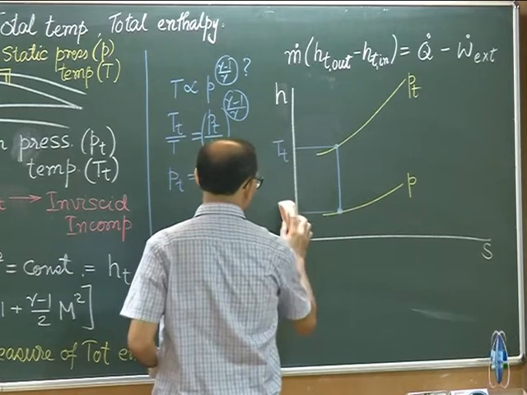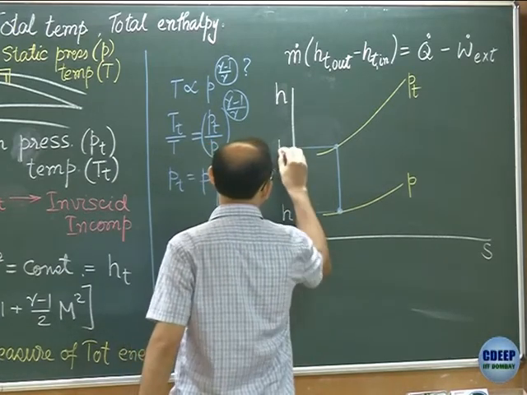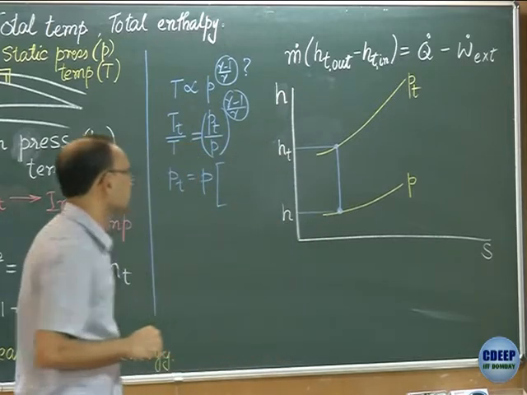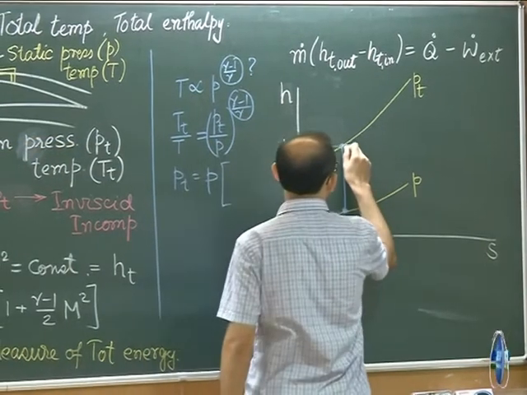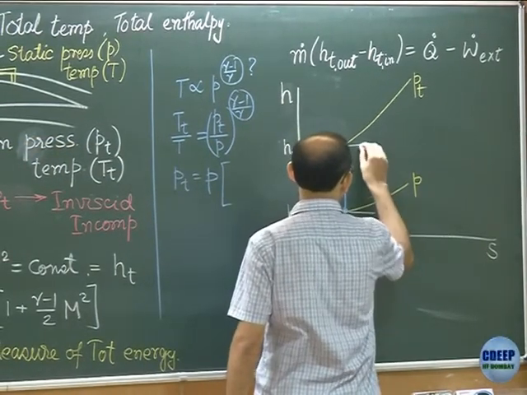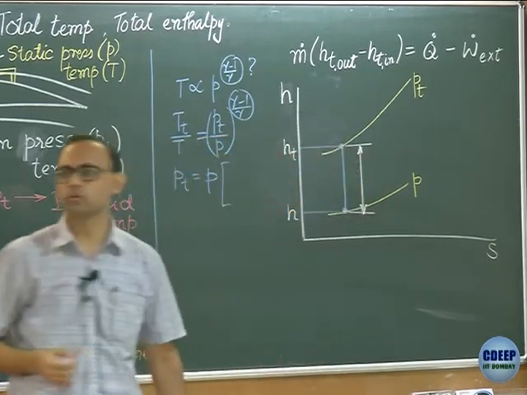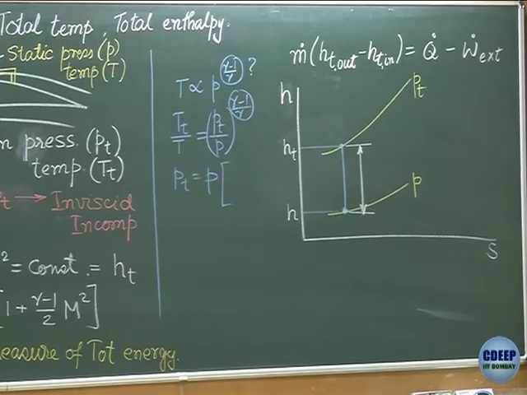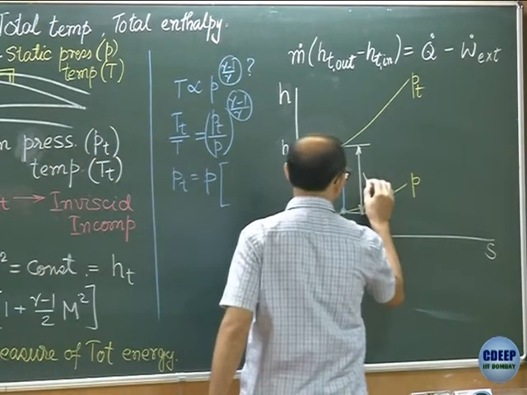Here I am going to call it H, and the other one is HT. Fine. We know all the symbols that are coming up on the plot. What is this vertical height equal to? Half V square, very easy. V square by 2.